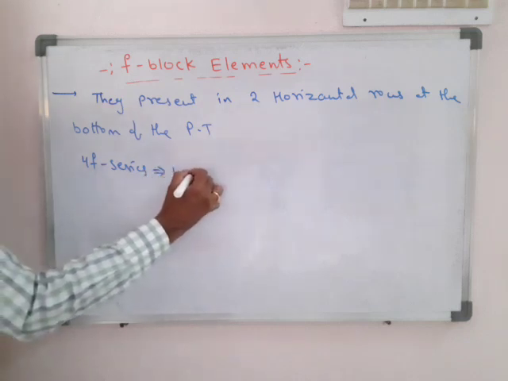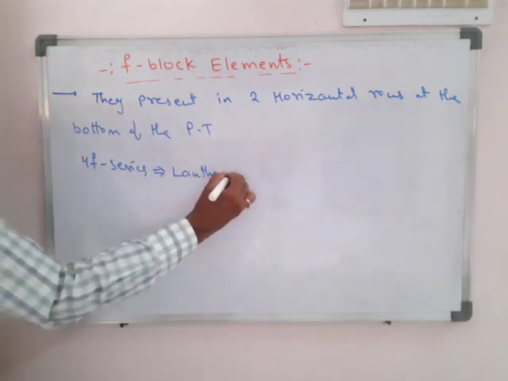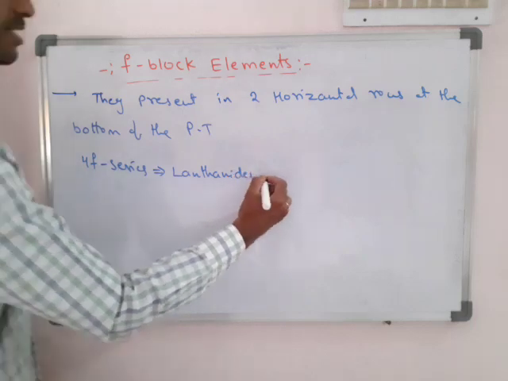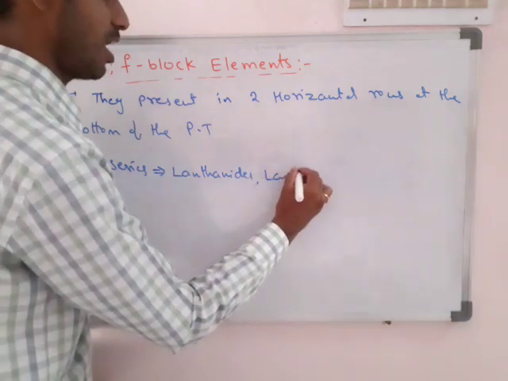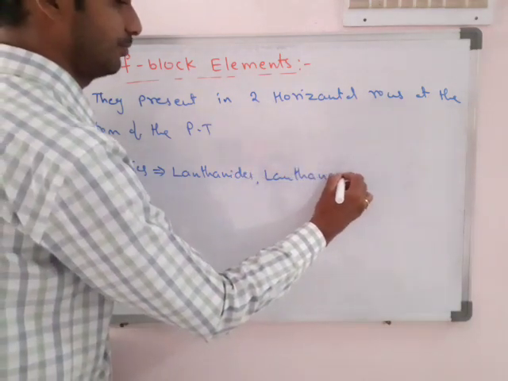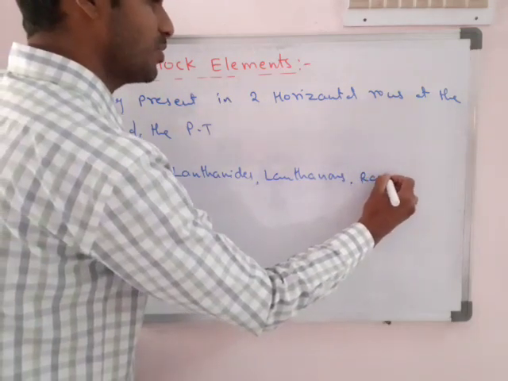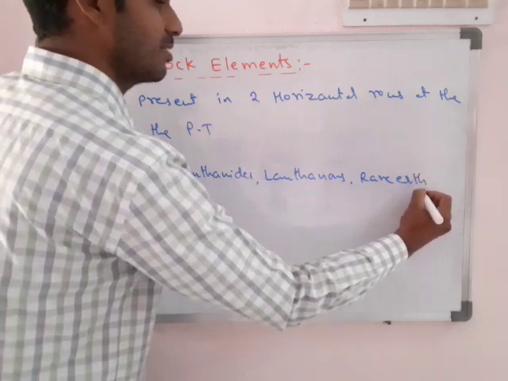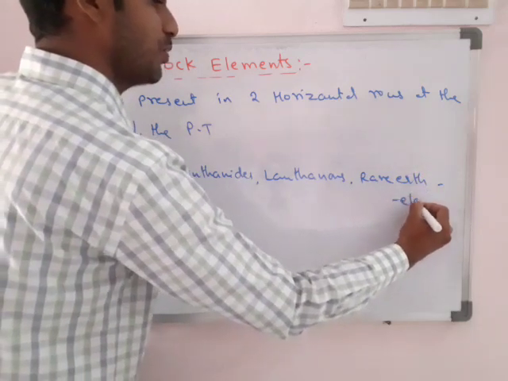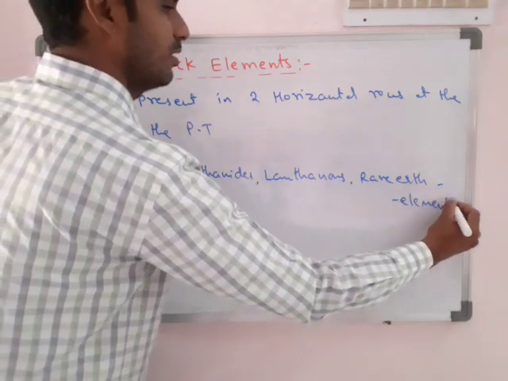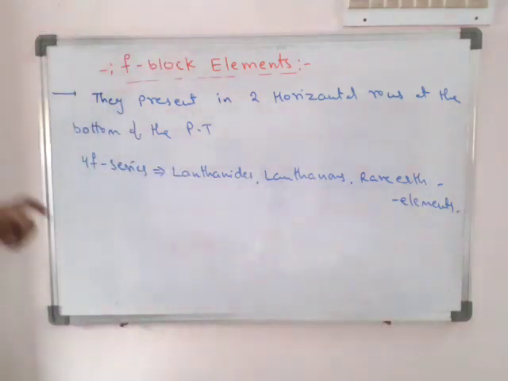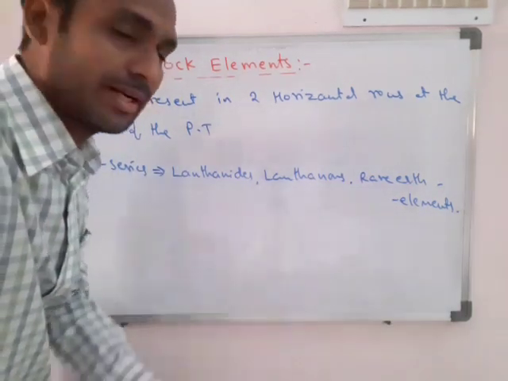The 4f series are also known as lanthanides, sometimes also known as lanthanons. There is one more name, called rare earth elements. Sometimes they have different names: lanthanides, lanthanons, rare earth elements.